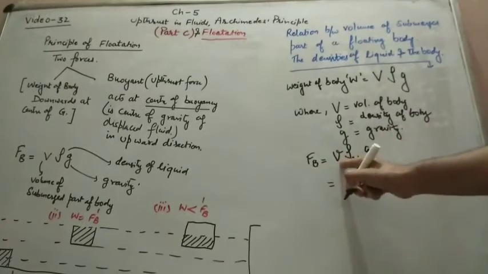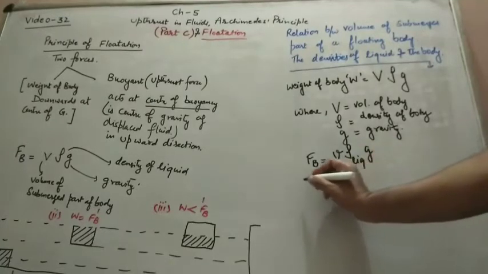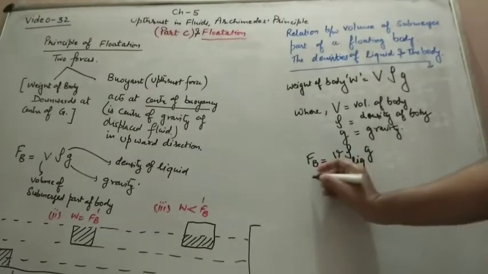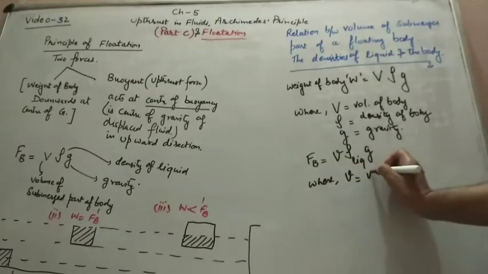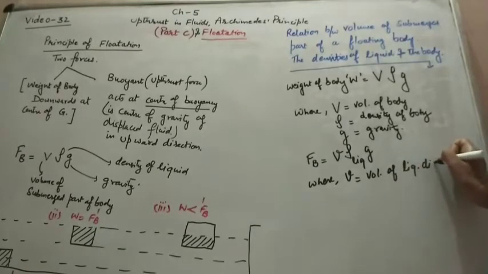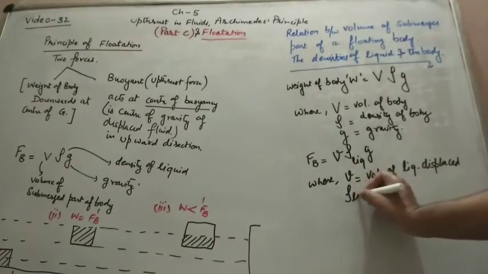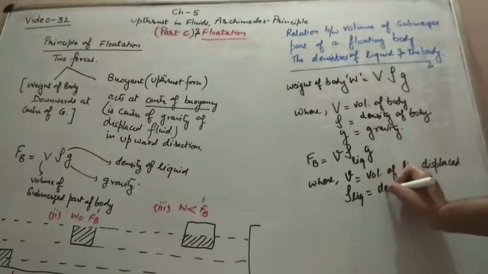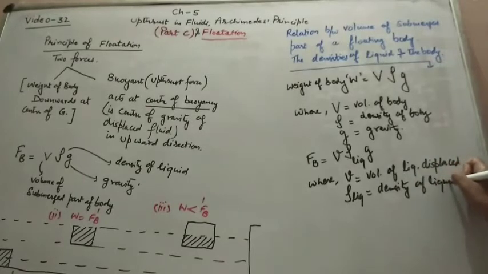So upthrust is equal to small v into rho of liquid into gravity, where small v is the volume of liquid displaced, rho of liquid is the density of the liquid, and G is gravity.